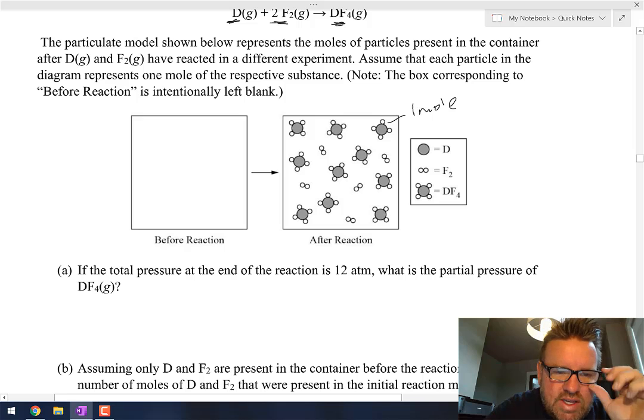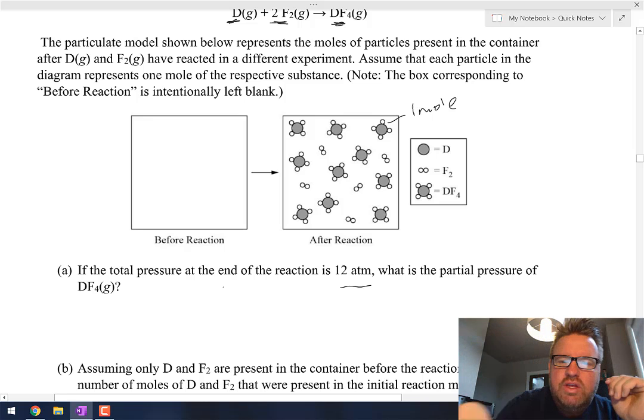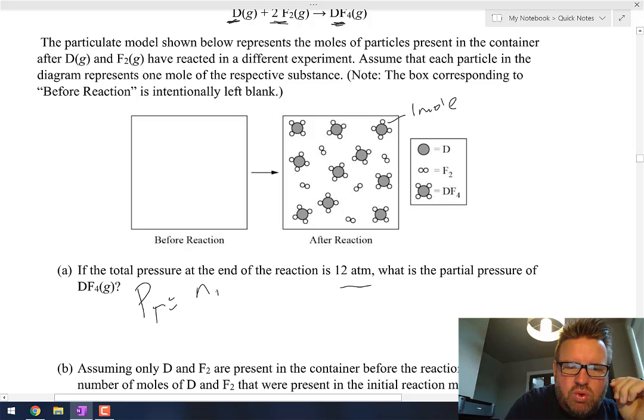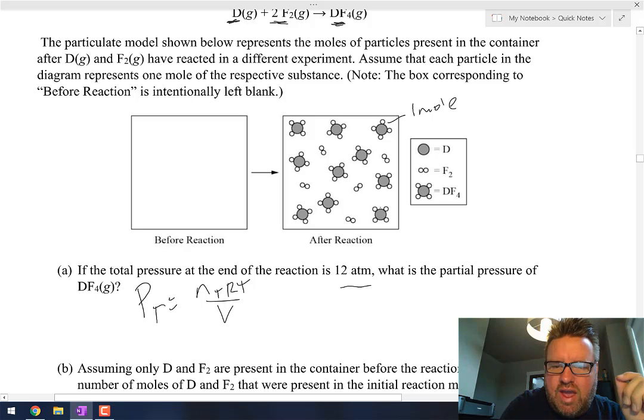Part A says, if the total pressure at the end of the reaction is 12 atmospheres, what is the partial pressure of DF4? We know that the total pressure is equal to the total number of moles times R times T over V. The total number of moles we have to literally count. How many DF4s do we have? 1, 2, 3, 4, 5, 6, 7, 8, 9, 10.